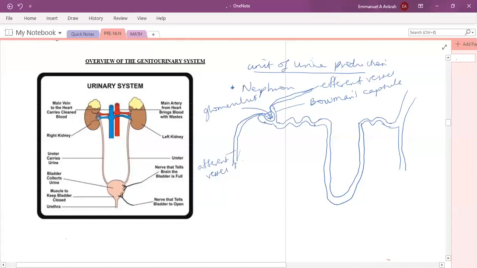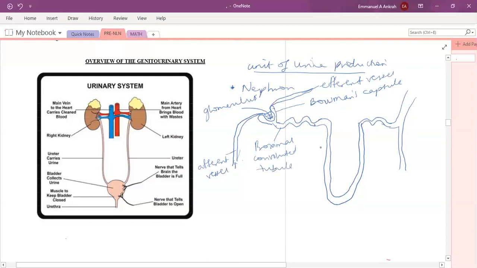The Bowman's capsule opens into this up and down structure, which we call convolutions. This part here is close to the glomerulus, so we call it the proximal convoluted tubule.